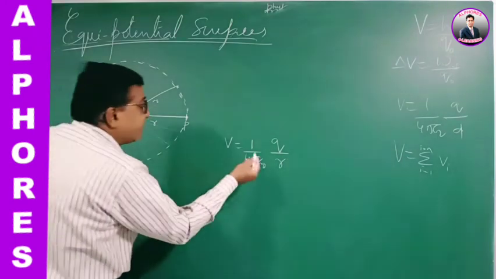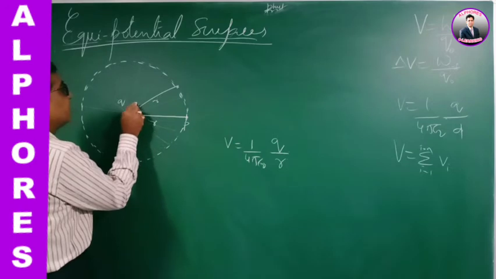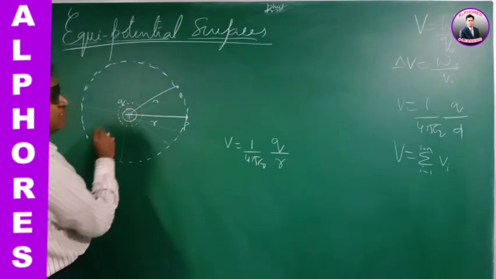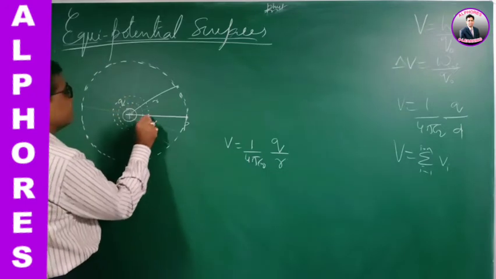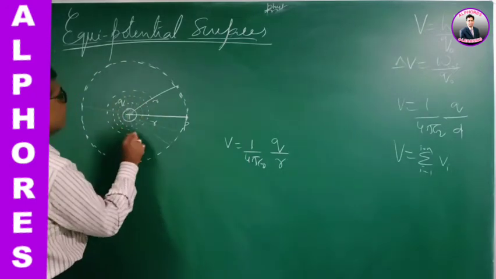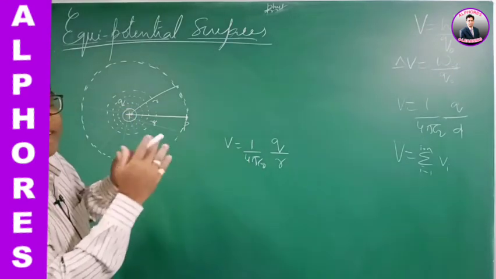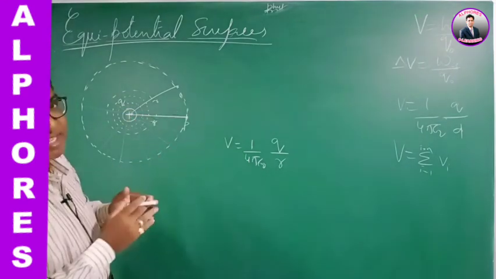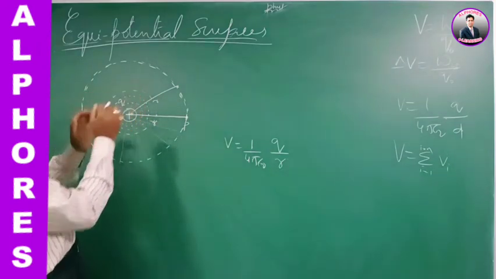Now suppose I take another distance from the point charge, a smaller distance R1, then I get an equipotential surface like this. Another distance R2, I get another equipotential surface. R3, another surface. So for a point charge, there are an infinite number of equipotential surfaces. It is a family of concentric spheres.